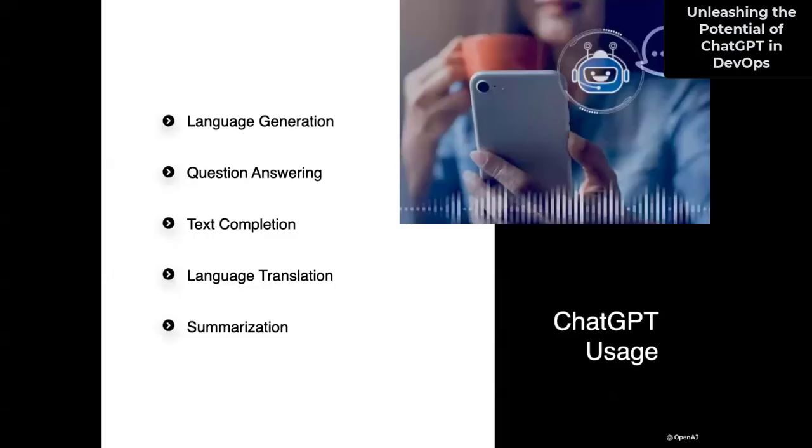ChatGPT usage is text-based, as I told you. For example, in Apple, we have Siri, right? Siri is voice-based. You are speaking something and waiting for a response. In ChatGPT, it's not going to tell you something; you see the result in a command prompt using its user interface.